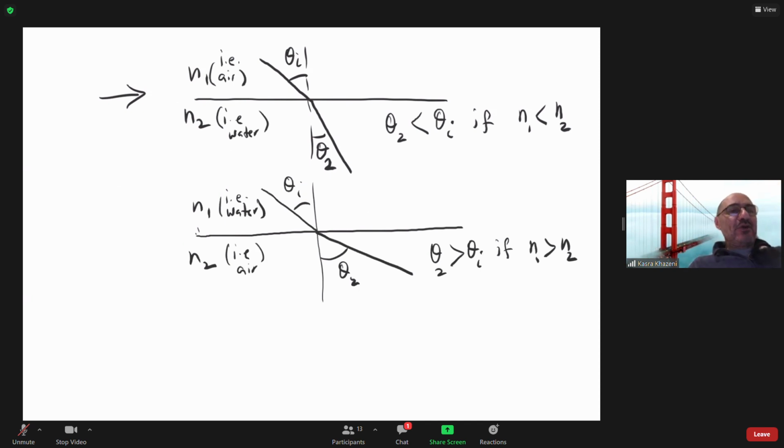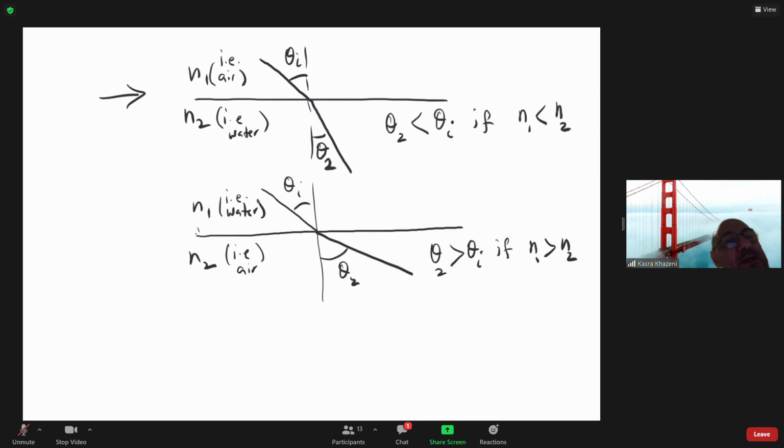So if you're going into a larger index, like the one on top, you're going to get closer to the normal direction. If you're going into a smaller index, then you're going to be away from the normal direction. Okay?